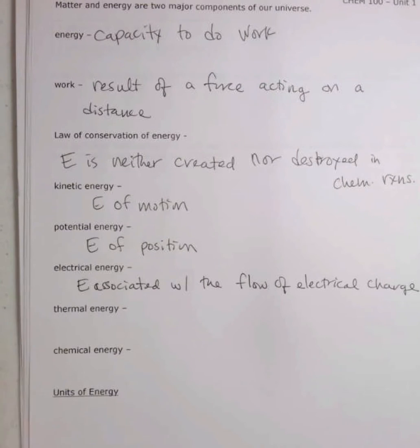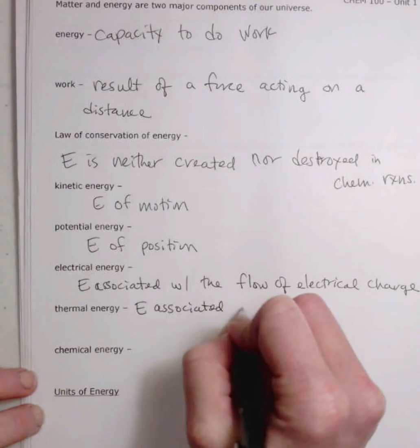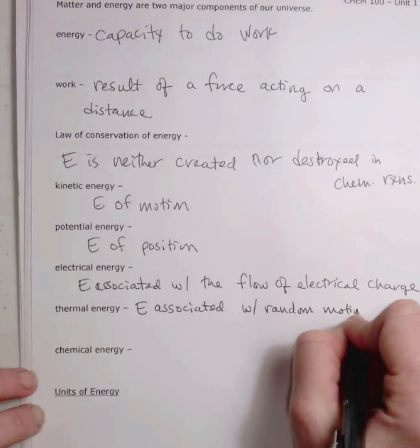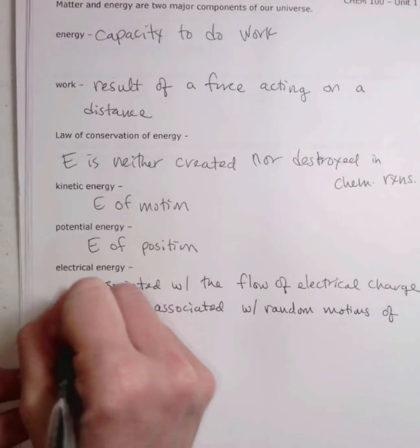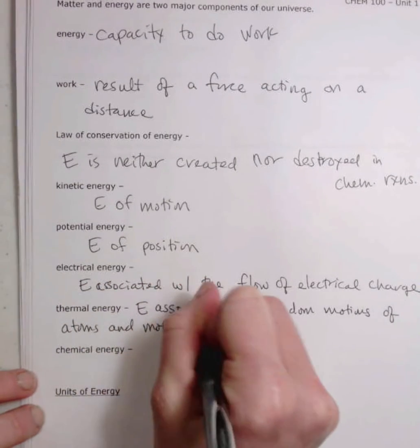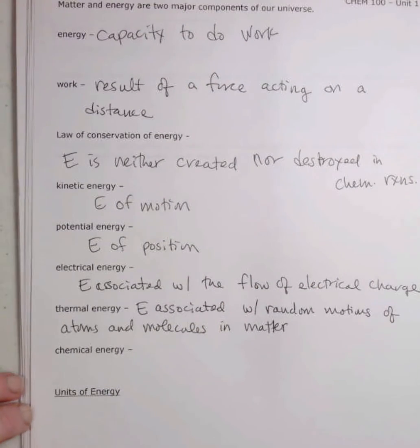Thermal energy is energy associated with random motions of atoms and molecules in matter. Chemical energy is a form of potential energy associated with positions of particles that compose a chemical system.